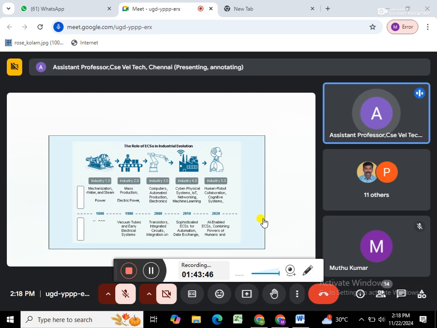Even in the automobile industry nowadays, 50% of growth is based on how much technology they are using. We can find many options in vehicles nowadays.